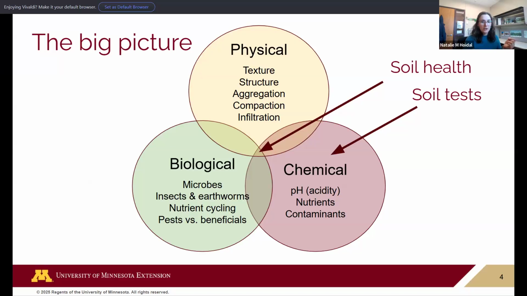It could be larger biology, like insects and earthworms, pest insects, beneficials. And that biology really contributes to nutrient cycling in our soil. And then the chemical piece is pH, nutrients, and potentially contaminants. So soil health is sort of at the nexus of these things, and a soil test is mostly just looking at the chemical.